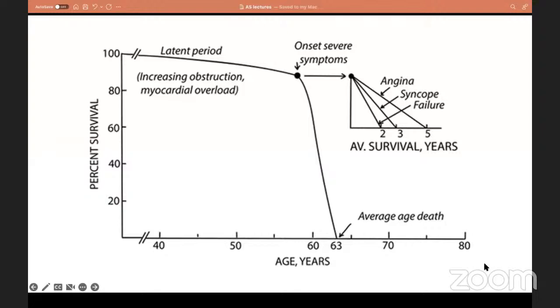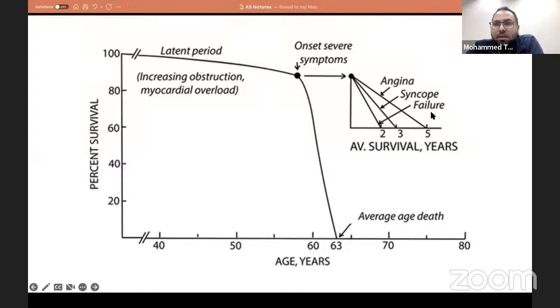Yeah, for this graph, good question. I'm not sure, but I think this is about all comers, patients with aortic stenosis. I'm not sure if it's based on the STS database, but it's for all comers, despite their past medical history or comorbidities. But good question.